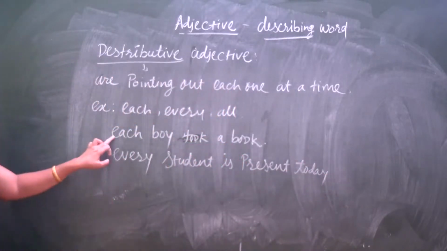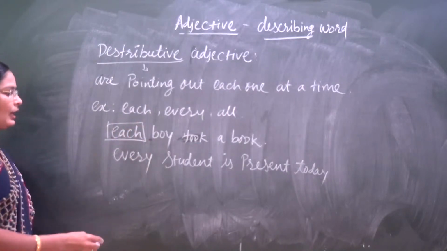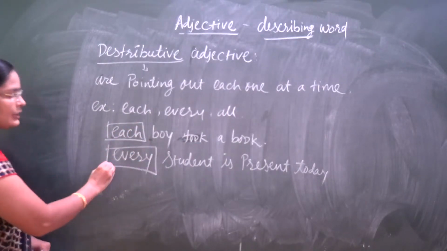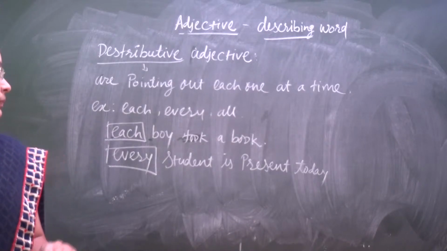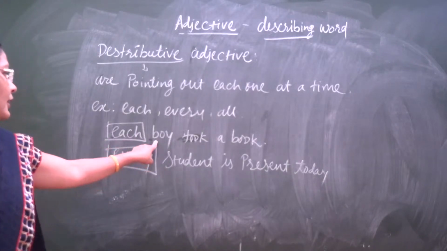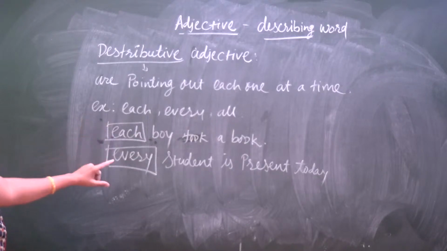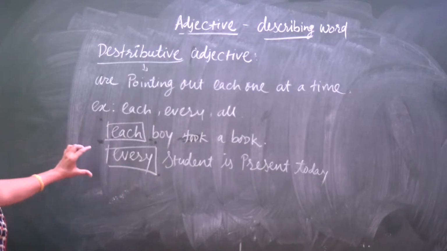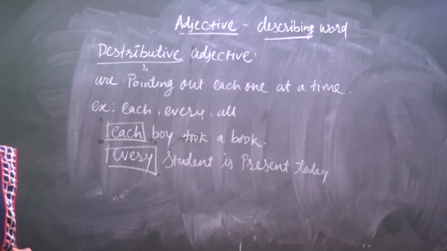So here the word each is showing the distribution. Each, every student, it's showing the distribution. In such cases, each boy, we are pointing out one boy, one at a time. Every student, we are pointing out one at a time. So these are called distributive adjectives.